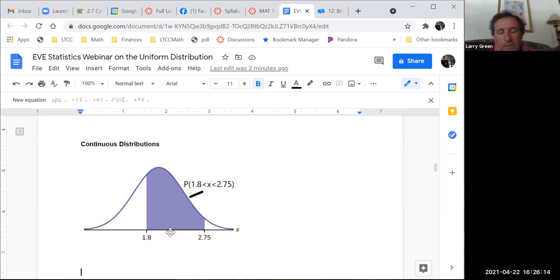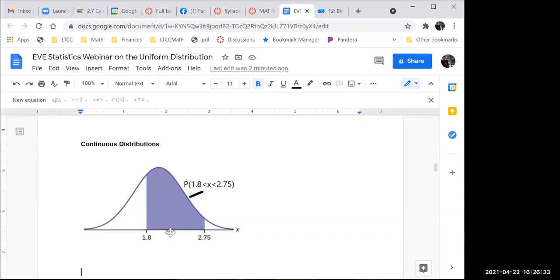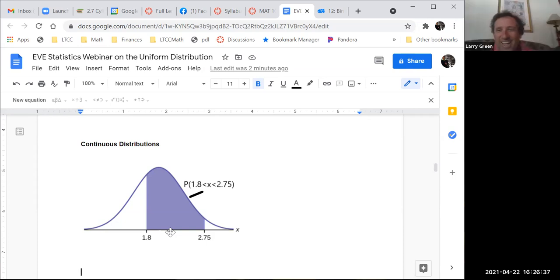All right, here's one big issue. Do you know how to find an area of something like this? If you're quiet, that means you do. No. Okay, how about the rest of you?